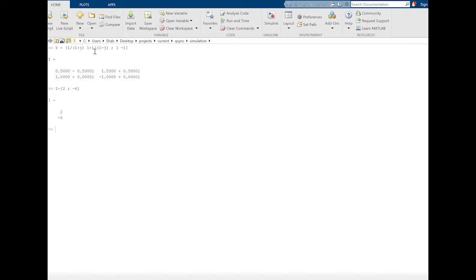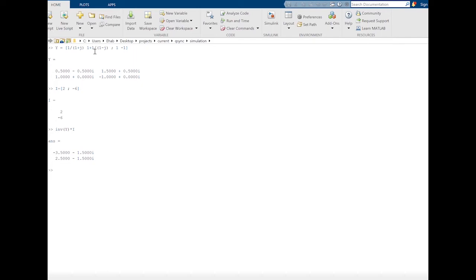And then we said that V1 and V2 is just going to be the inverse of Y times I. So this would be V1 and V2. The first row of this result is going to be the V1 phasor, and the second row is going to be the V2 phasor.